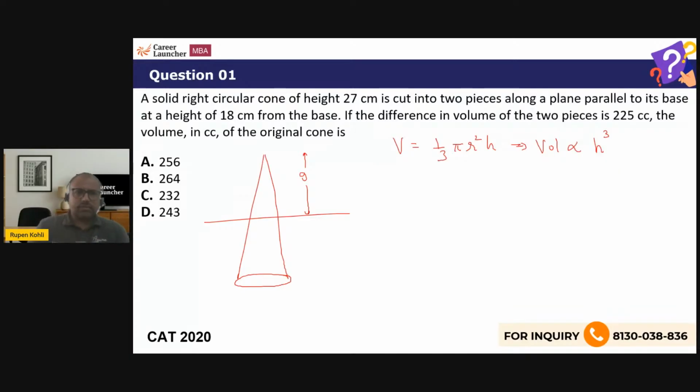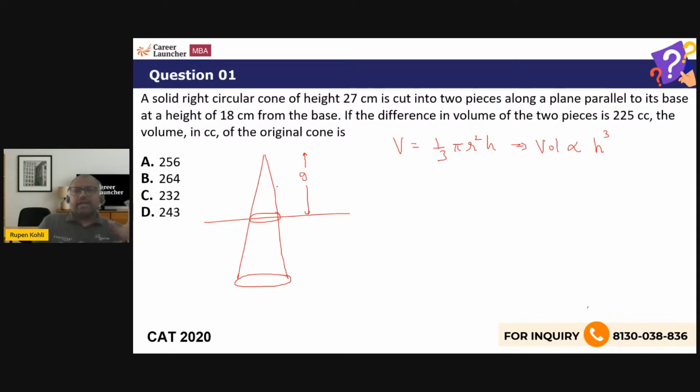as long as the edges are in the same proportion. So obviously for the smaller cone that gets formed and the larger one, the radius and height are in the same proportion. Since this height is one-third of the total height, 27, the volume of this smaller cone has to be the cube of the 1 by 3 factor, or 1 by 27th of the volume of the original cone.